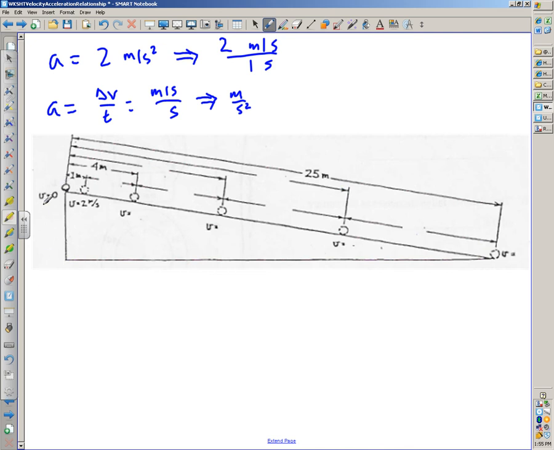This ball at the very beginning started at rest. Velocity 0. The next picture we said represents how many seconds? 1 second. How much does the velocity change in that 1 second? By 2 meters per second. So the velocity after 1 second is 2.